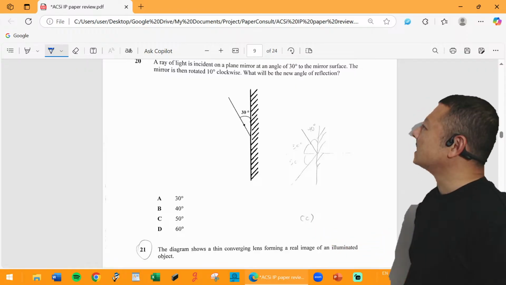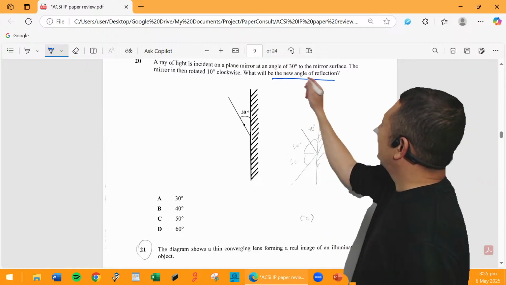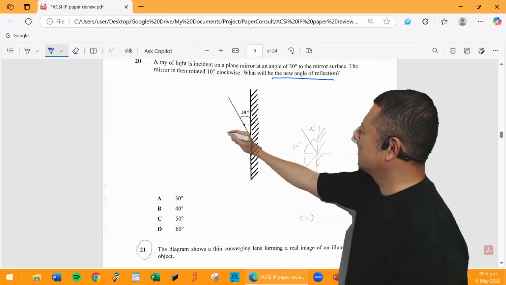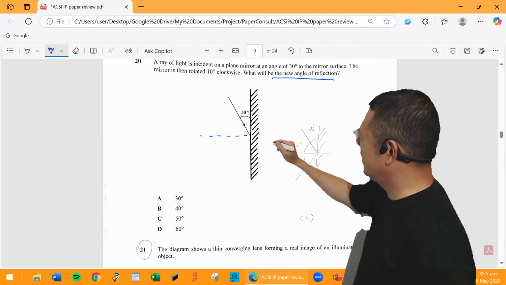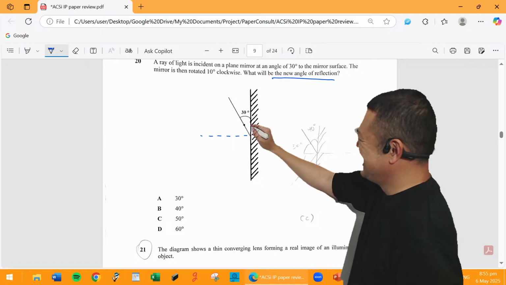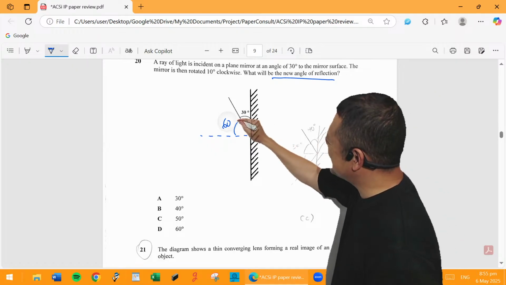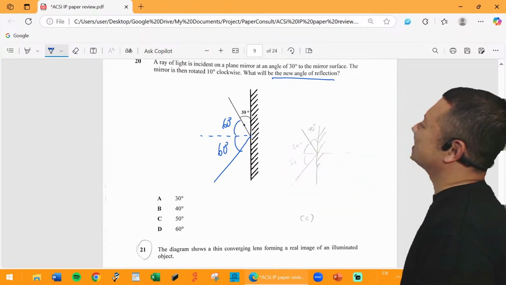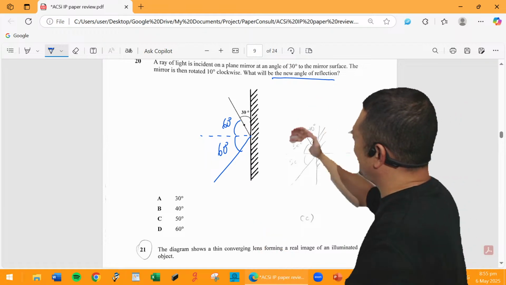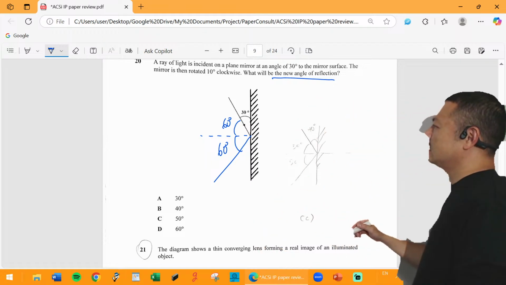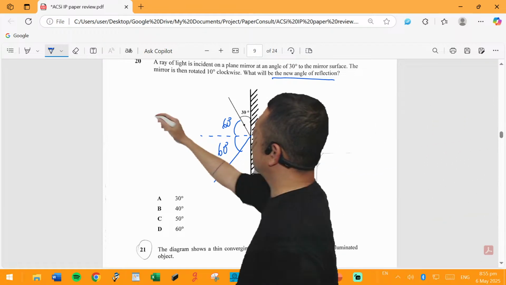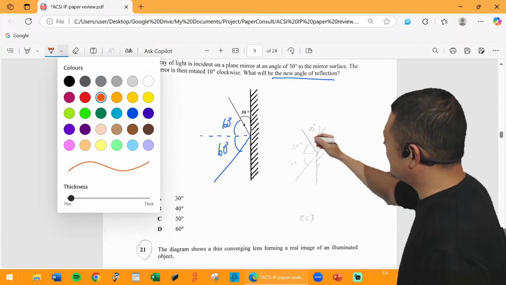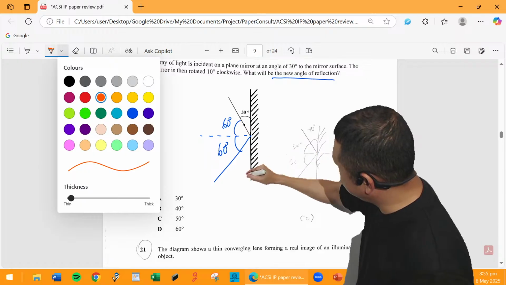Hello, brothers. Okay. What's the current angle of reflection now? The angle of incidence is 60. The angle of reflection will also be 60. Then they want it rotated clockwise. If you rotate it clockwise, then the new mirror is like that lah, right?